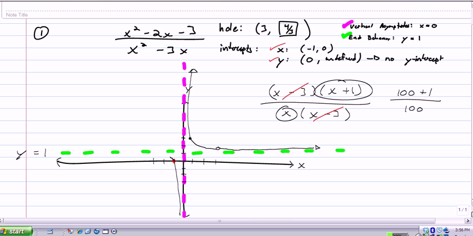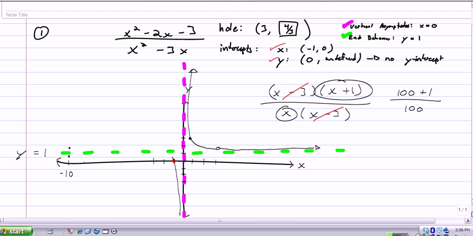Now you got to decide. Does it hug that end behavior asymptote from the bottom or from the top? Because maybe the graph dips up and then comes back down. So let's plug in a number like negative 10 out here. We want to know, at negative 10, is the y value less than 1 or more than 1?